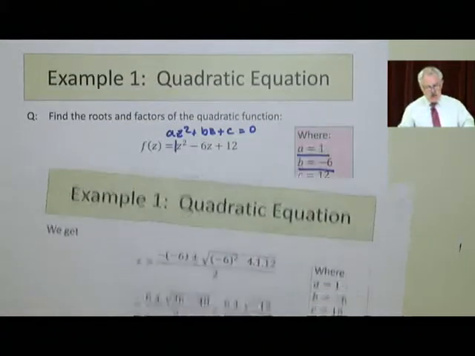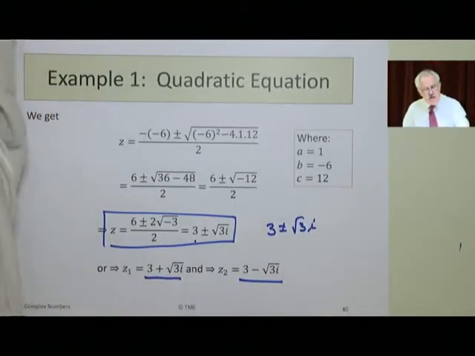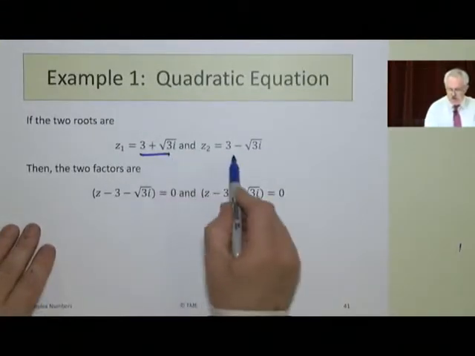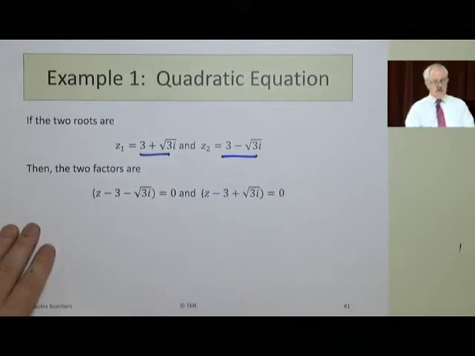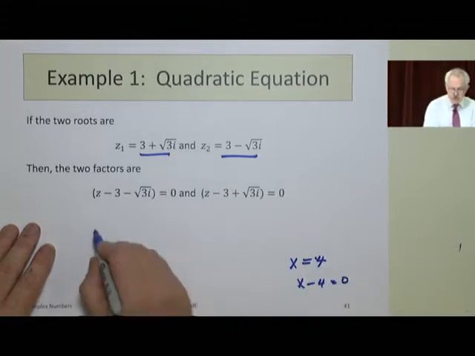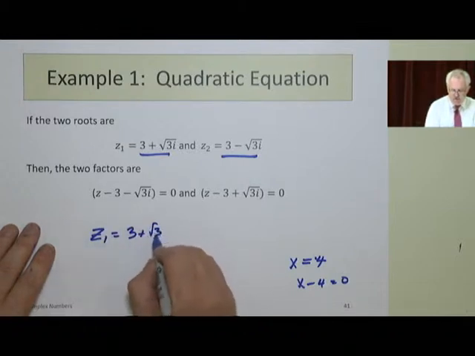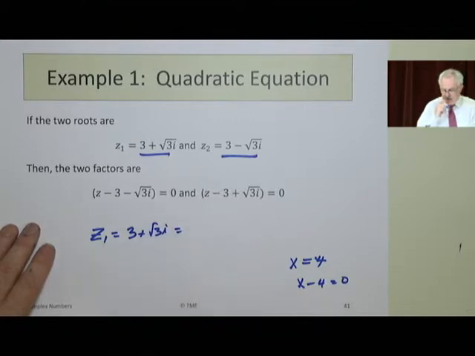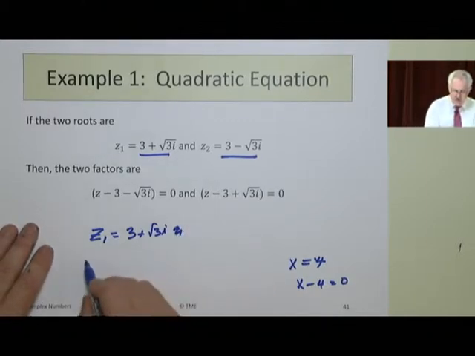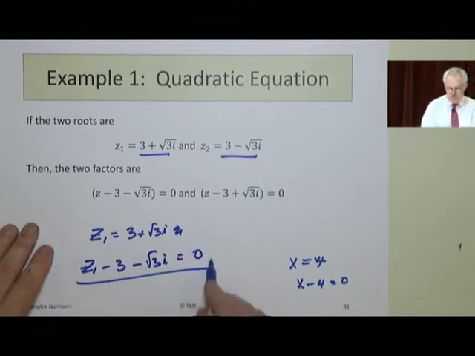So I found the roots of the equation. They're not real numbers because they have an i value. If the two roots are those, what are the factors? Well, when x equals 4, you said the factor is x minus 4. So if z1 is equal to 3 plus root 3i, then z minus 3 minus root 3i must equal 0.